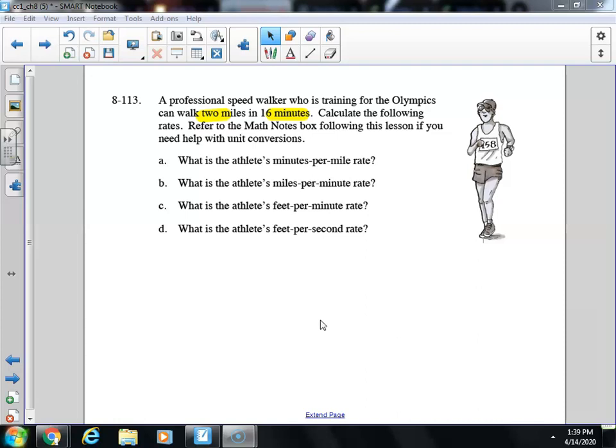And if you need help, your math notes does tell you that there's 5,280 feet in 1 mile. So now we replaced 1 mile with 5,280 feet. And that's still in 8 minutes. So 5,280 divided by 8 gives you 660 feet for every 1 minute.